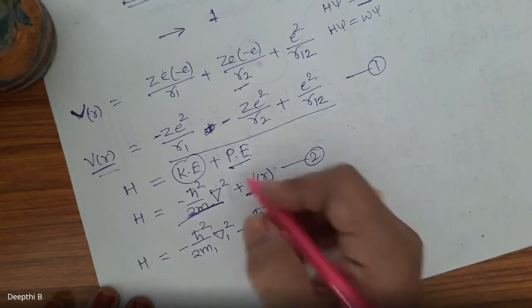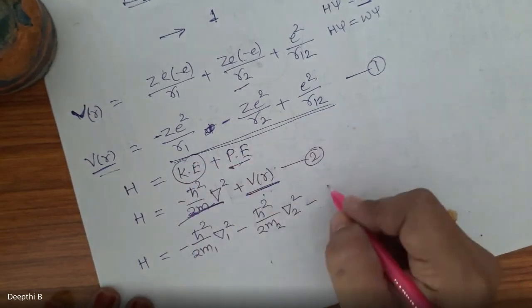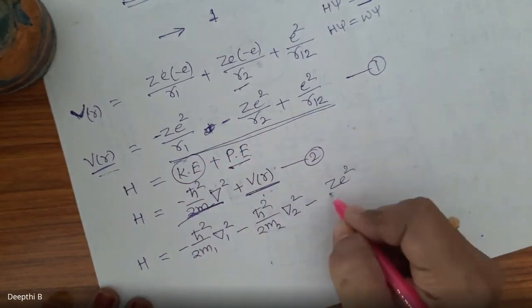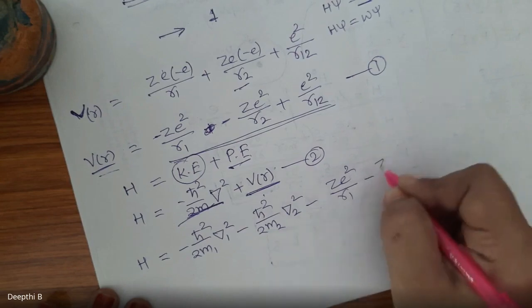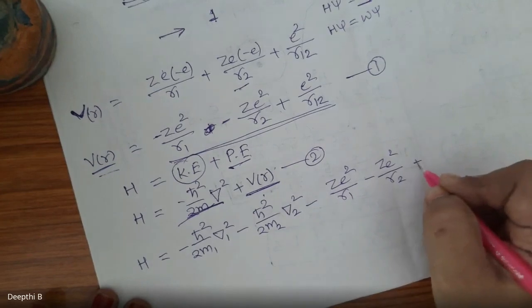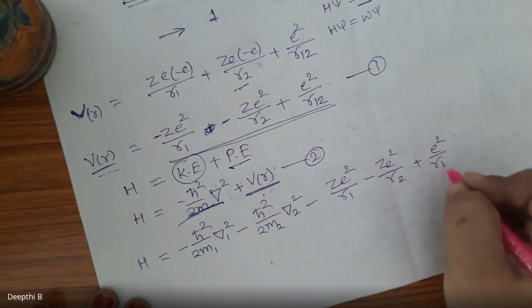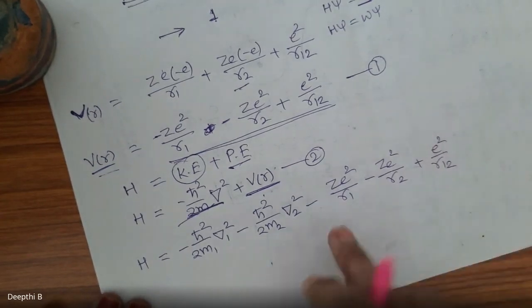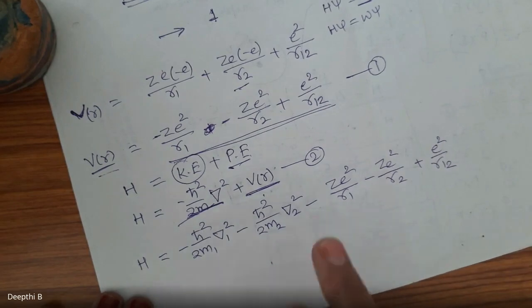Then put the value of Vr, which is minus Z e square by R1 minus Z e square by R2 plus e square by R12. Everything is clear from that point, students? Are you getting me? Understand? Yes, ma'am.